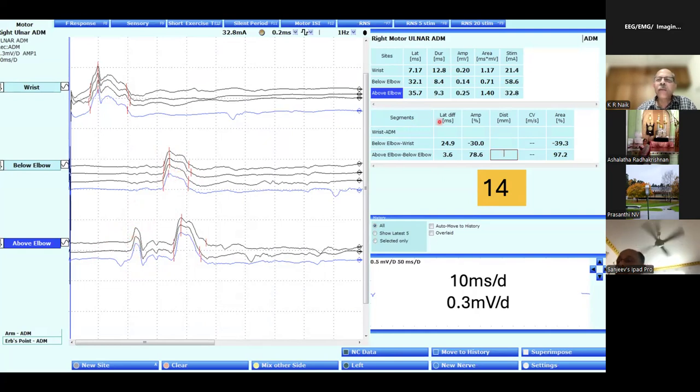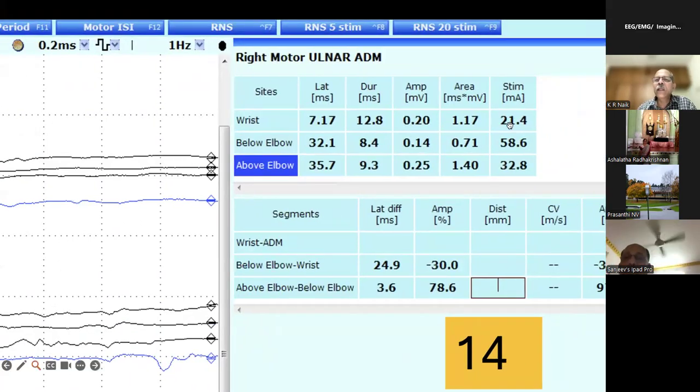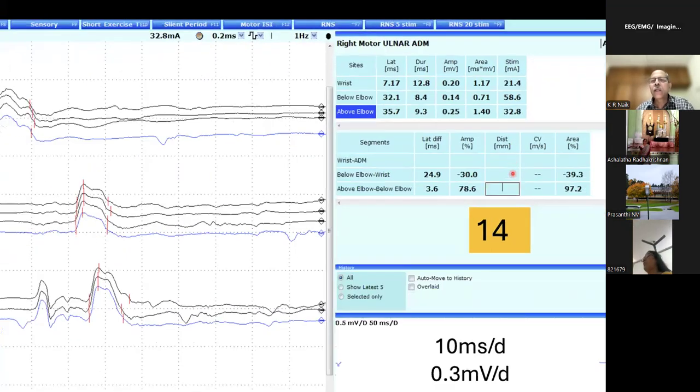So what has happened here is that distal stimulation was at least 21 milliamperes, but below the elbow, we required 58 milliamperes. In the mid, above elbow, 32.8 milliamperes was the intensity.